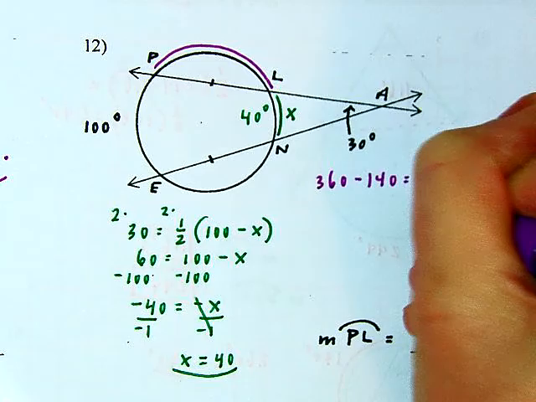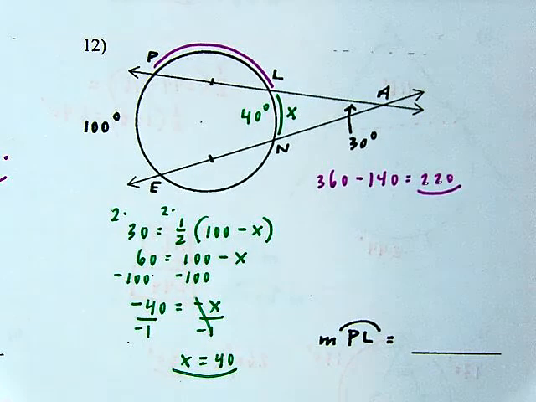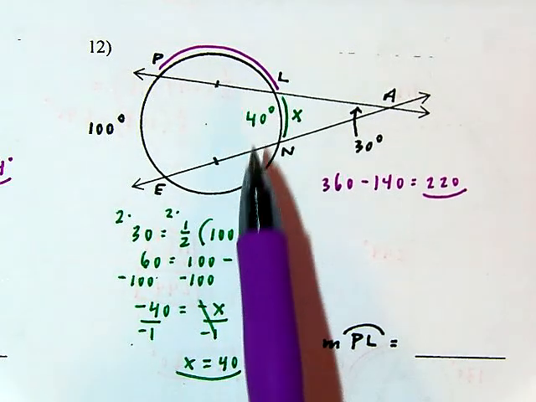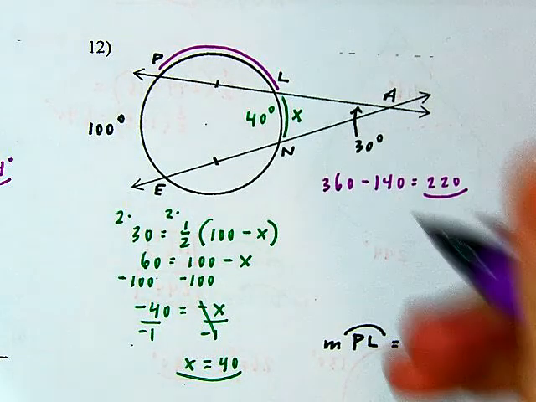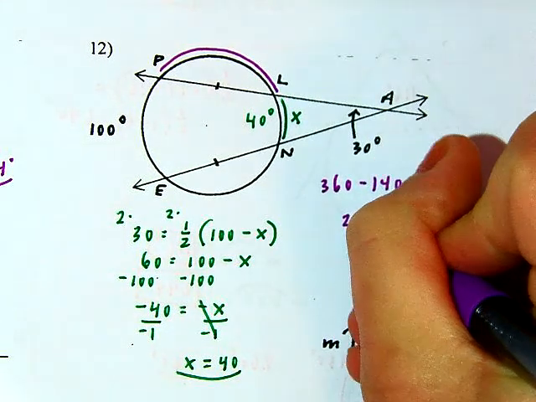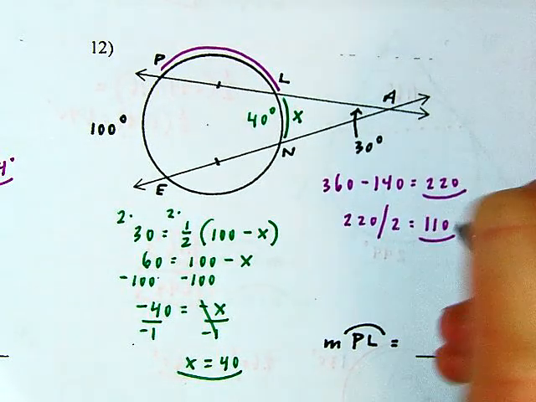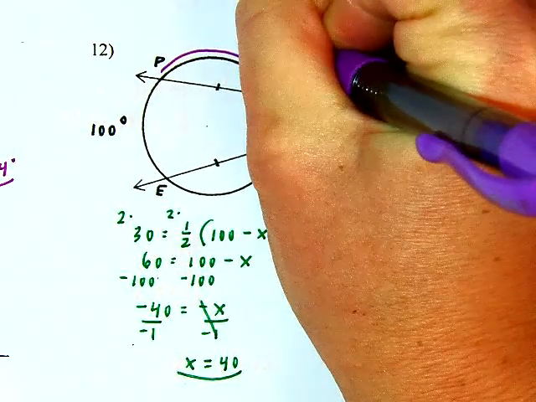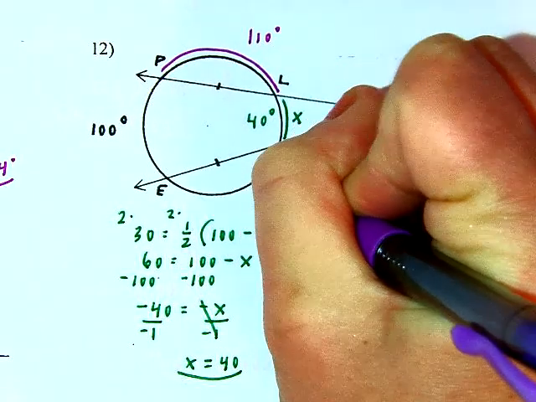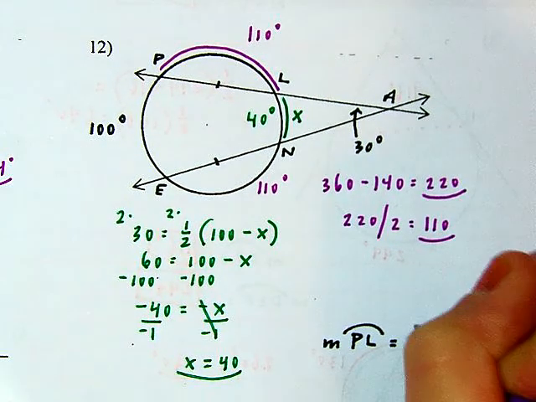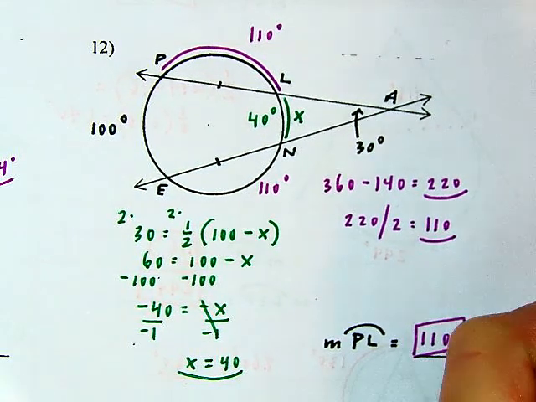I'm left with 220. Since these chords are congruent, their arcs are going to match also. So I take that 220 and I split it in half and I get 110. So right here would be 110 and this would be 110 also. So the measure of PL is 110 degrees.